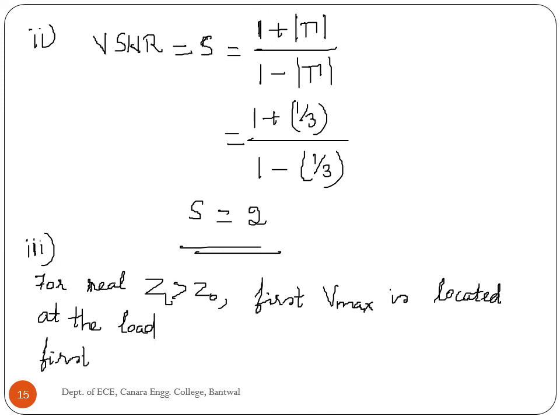First V minimum is located at a distance lambda by 4.